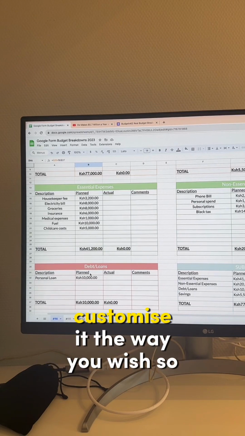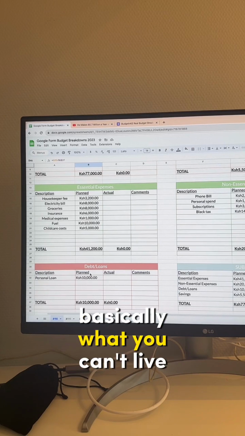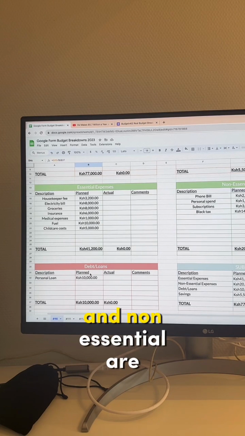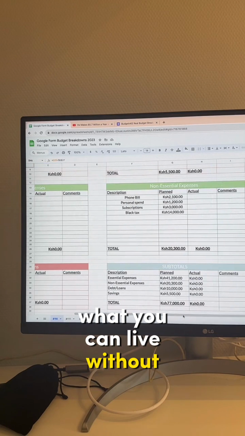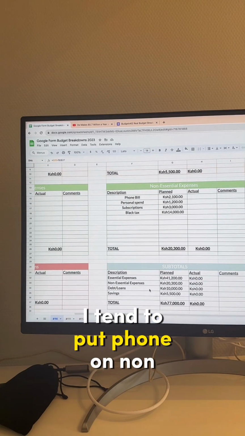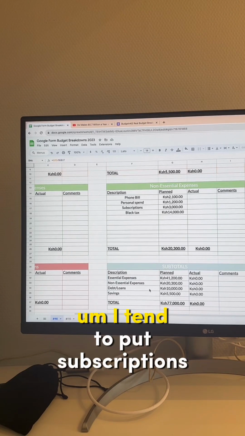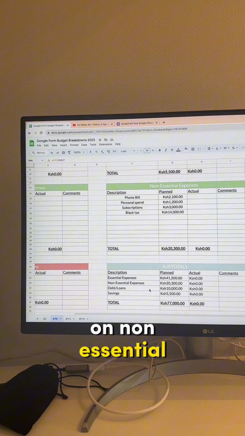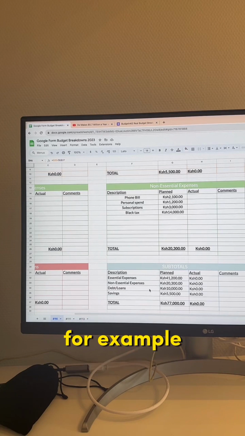Then when I send it to you, customize it the way you wish. So essential are basically what you can't live without, and non-essential are basically what you can live without. For me, I tend to put phone on non-essential. Some people put it on essential. I tend to put subscriptions on non-essential. Some people have it on essential if that's what you need to do your job, for example. Things like that. But thanks for the question, Gemma.